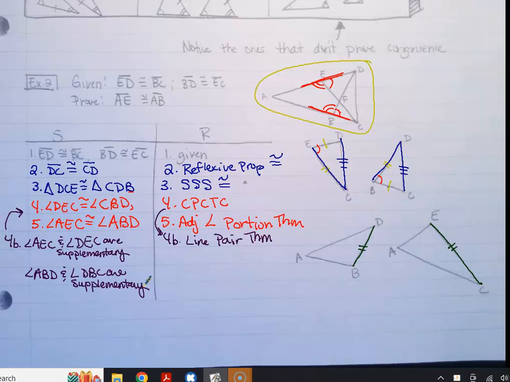And I'm trying to, what do you think? Do you think we should even state that the larger angles are congruent, like angle AED is congruent to angle ABC? I mean, I could see it going either way, but we do need that step 4b inserted in there.